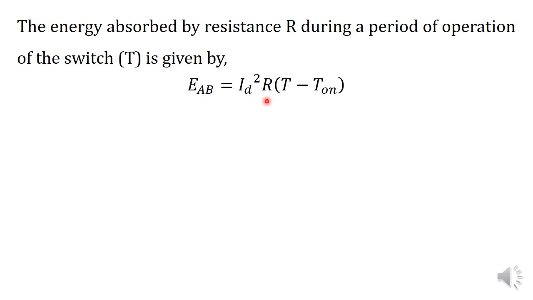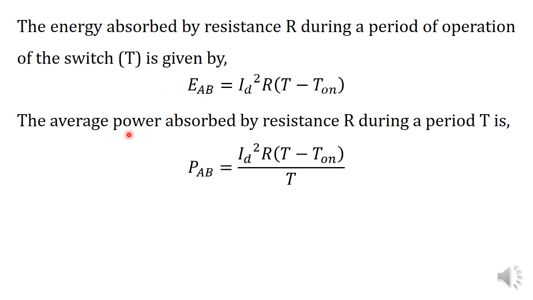The resistance gets included in the circuit only when the switch is off. That is, T minus T on will give you T off. So ID square R into T off is the energy absorbed by the resistance R. When the switch is on, the resistance will not be included in the circuit and it will not absorb any energy.